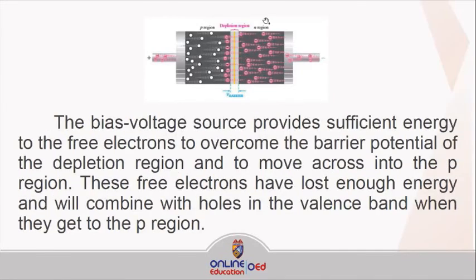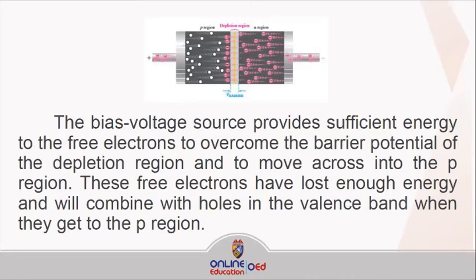Then, ang mangyayari naman, the bias voltage source provides sufficient energy to the free electrons to overcome the barrier potential of the depletion region and to move across into the P region. Then the free electrons have lost enough energy and will combine with holes in the valence band when they get to the P region.